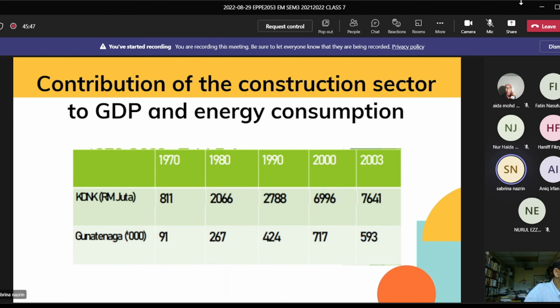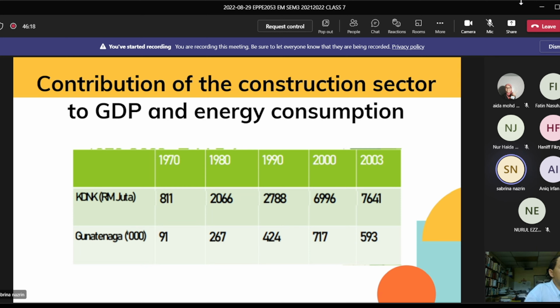This is the contribution of the construction sector to GDP and energy consumption. For the GDP, in 1917 it is 811 and increased to 2066 and increased until 2003 to 7,641.